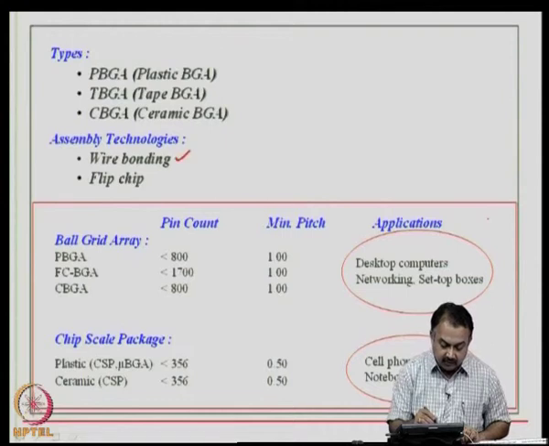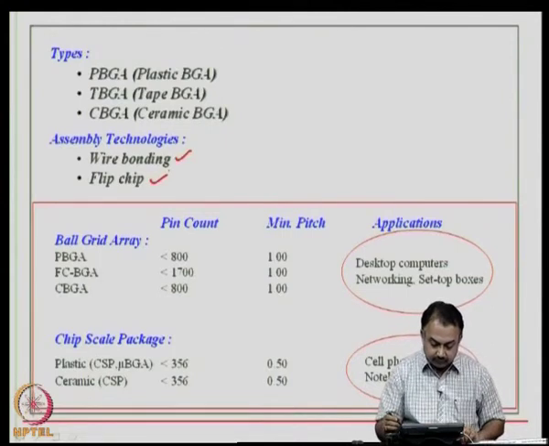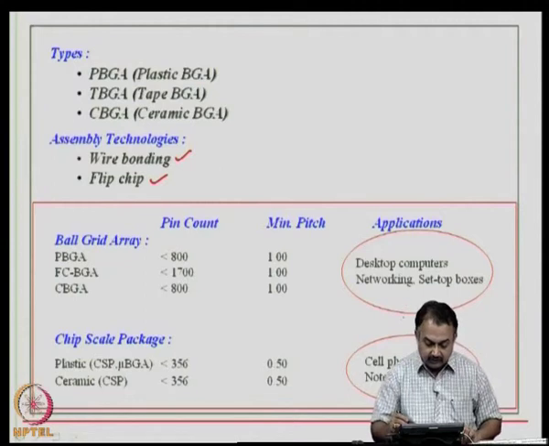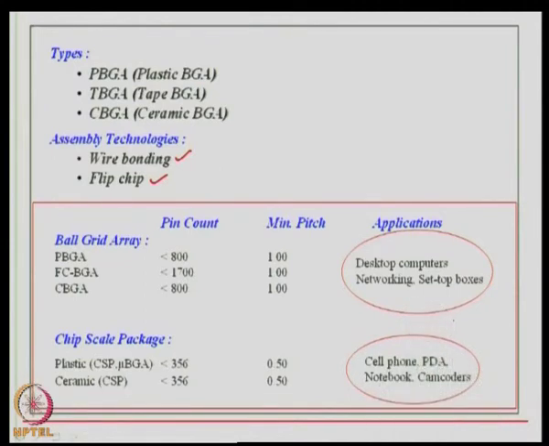Technologies can be wire bonding or flip chip, and then these at a glance will give you the application areas. For example, BGAs you can see in desktop computers, networking, set top boxes and so on, typically for communication devices.